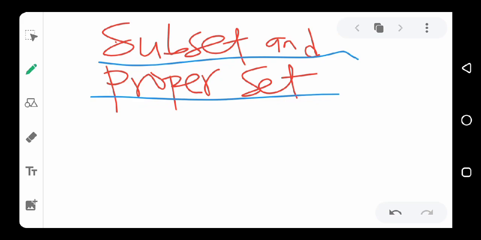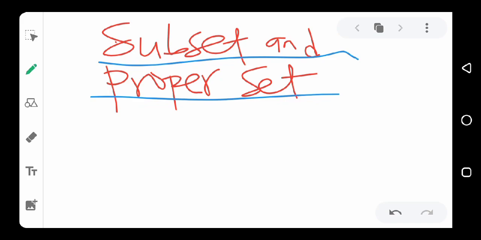B is now said to be a proper set of A because there are elements in A that are not in B. So that is what we call a proper set.